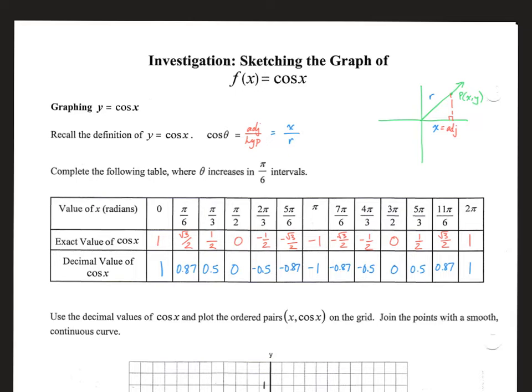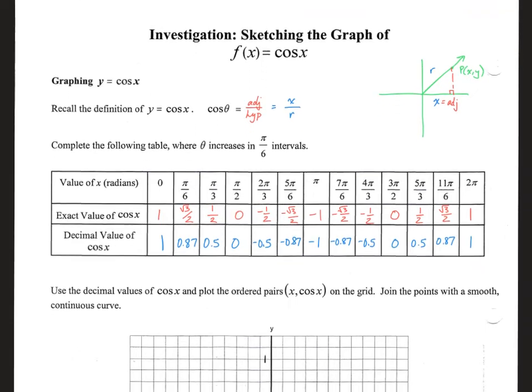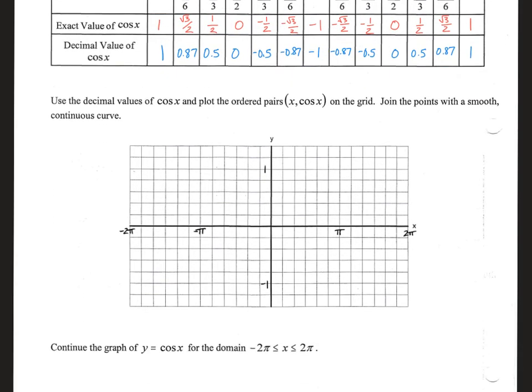Okay, we should be back, and we should have a table that looks like that on our page. Now, with that table, we have the ability to go through and deal with our graph.